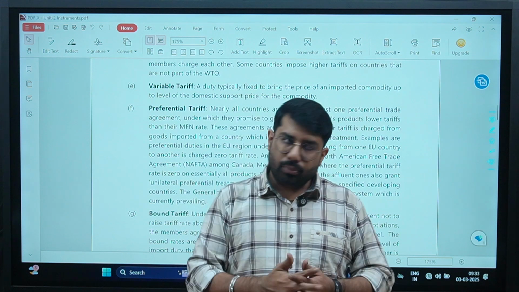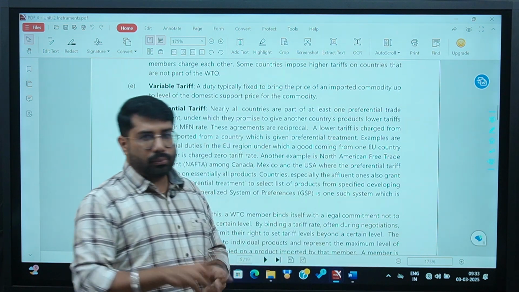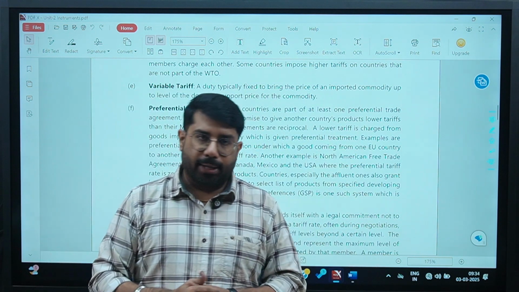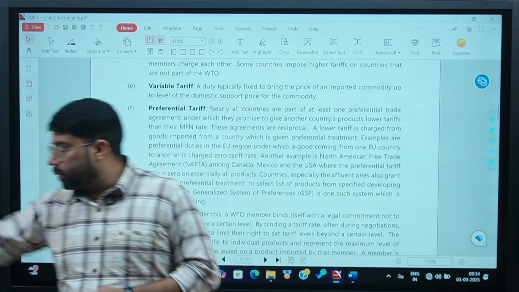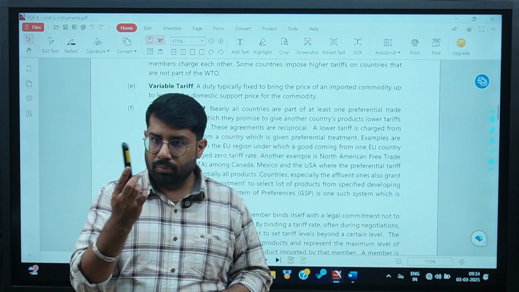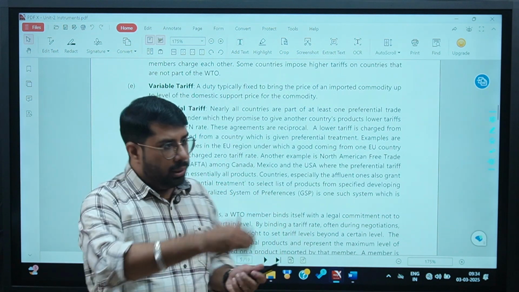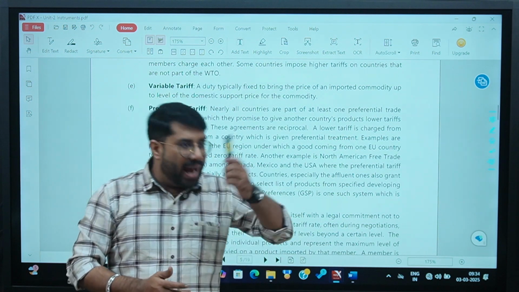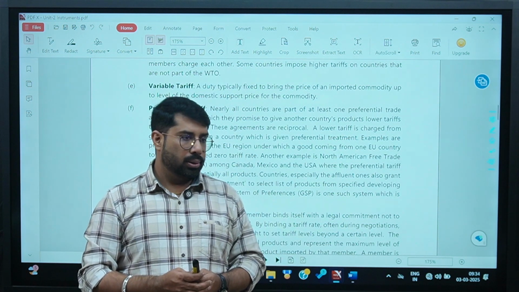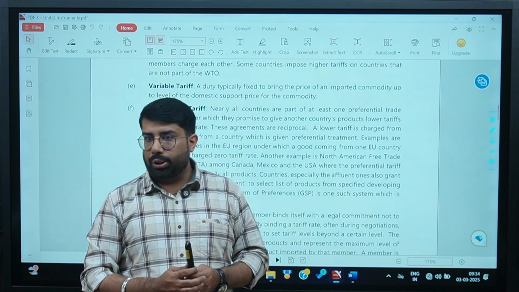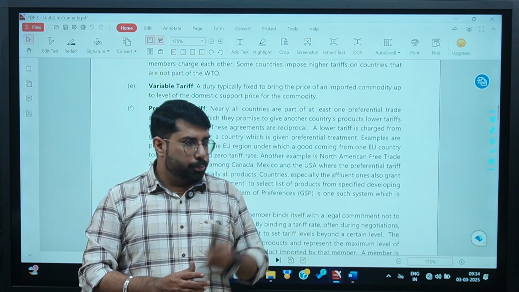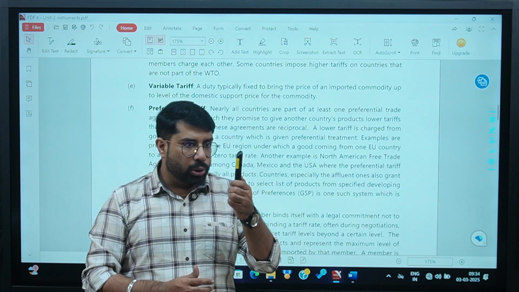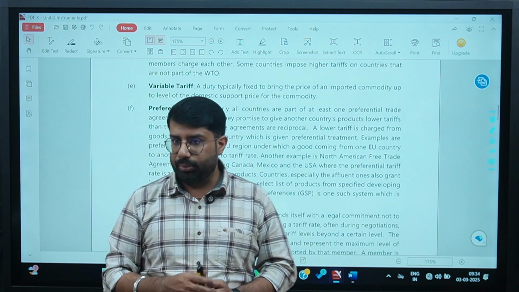Yes or no? Chaliye. Let us say that I am producing this pen, this device. He is also producing this device. When I produce this device, the total cost of production, the total money I have to spend on producing one unit, is let's say 100 rupees.